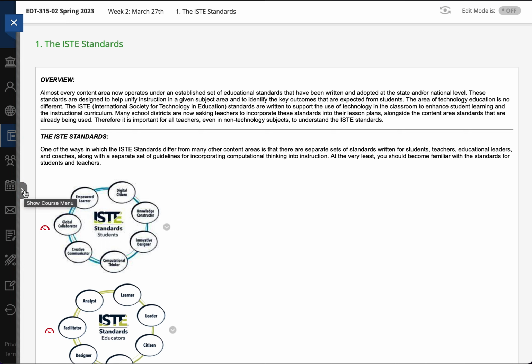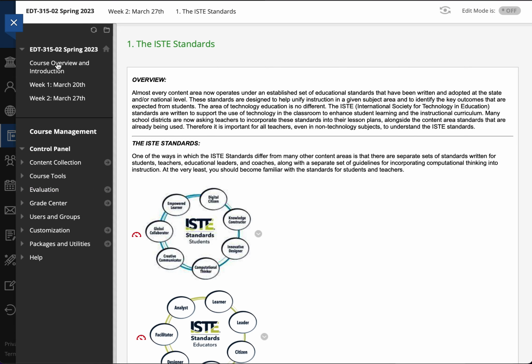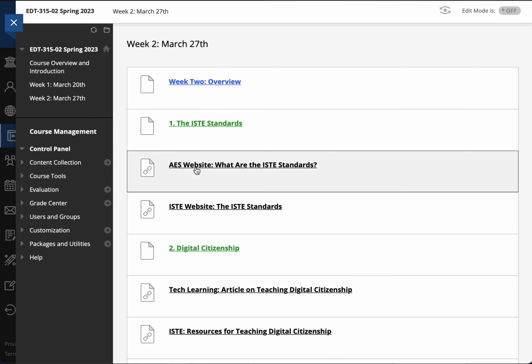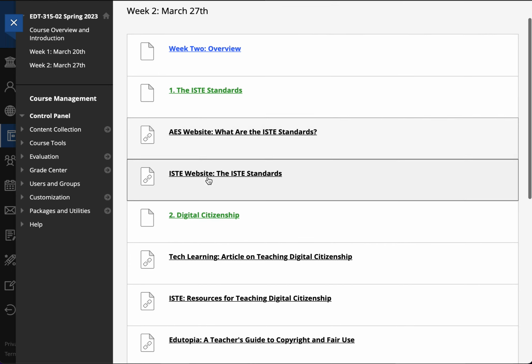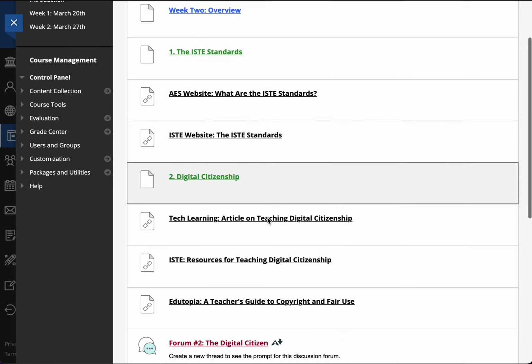So that's piece number 1, is just to get a little deeper dive into the ISTE standards. And again, the 2 links that are on the instructional page, I just broke out here. So they're identical links. You don't have to go to them separately.